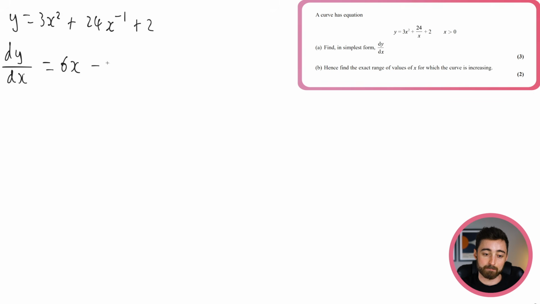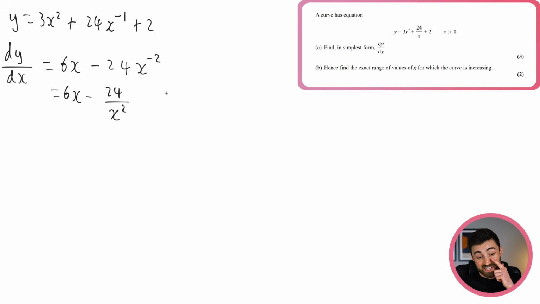Bring this to the front, I get minus 24, and then I get x to the minus 2. This is like x to the power 0, so bringing the 0 to the front, it goes. It could be argued that that's its simplest form, but I reckon they probably want you to write the second term as 24 over x squared. They probably don't like these kind of negative powers here. So I reckon that's what they're after.